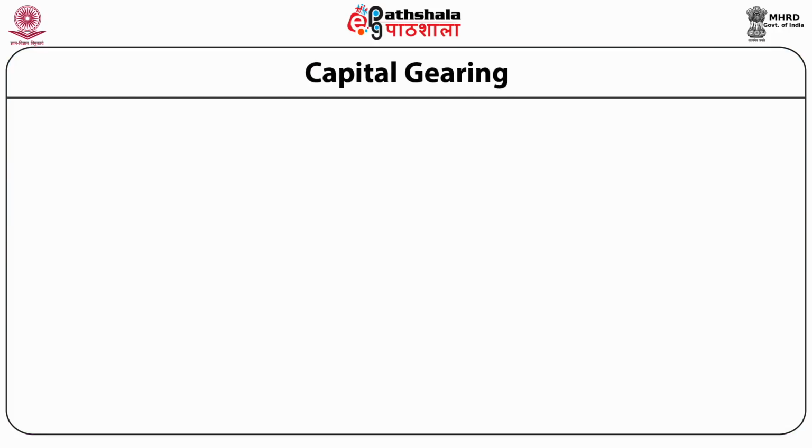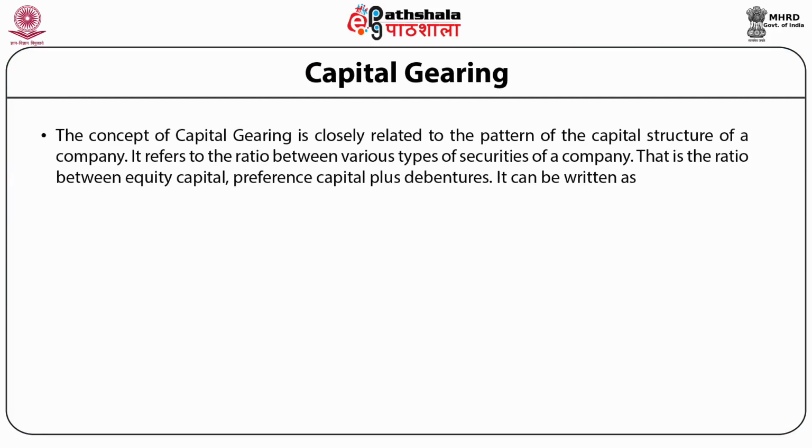Capital gearing. The concept of capital gearing is closely related to the pattern of the capital structure of a company. It refers to the ratio between various types of securities of a company. That is, the ratio between equity capital and preference capital plus debentures.